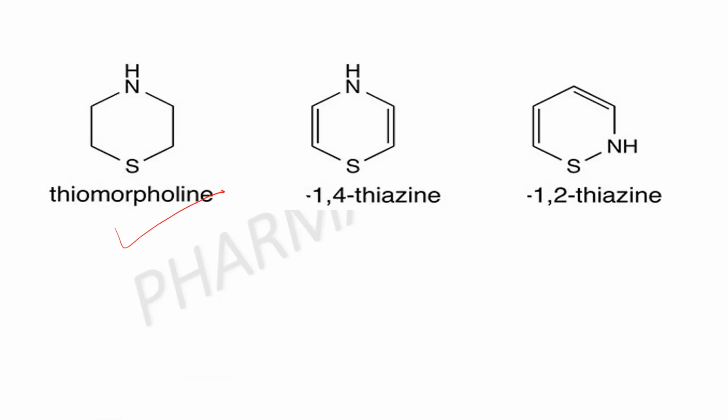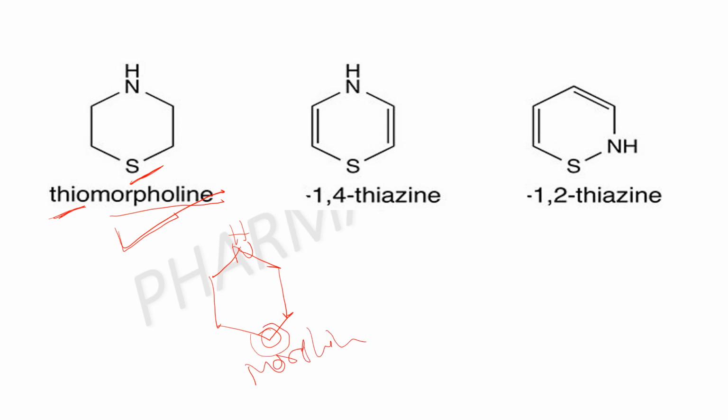Next, thiomorpholine. This is very, very important. Remember this thiomorpholine. You can see a thio group, sulfur, with morpholine. I will show you the morpholine structure.